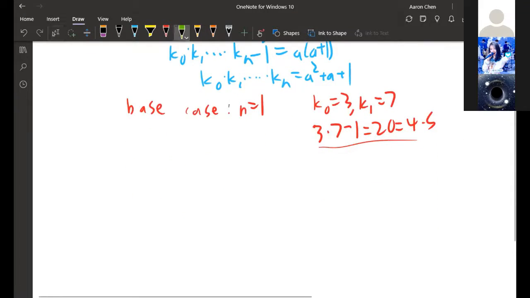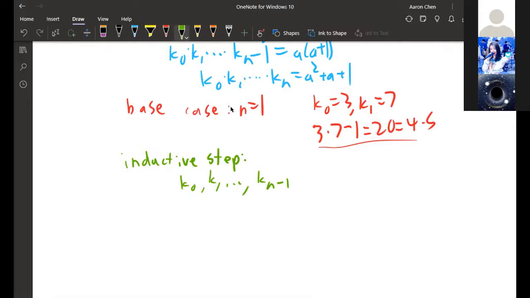And now the inductive step. First assume that there are k0, k1, to kn minus 1 such that k0 times k1 times kn minus 1 is equal to a squared plus a plus 1.